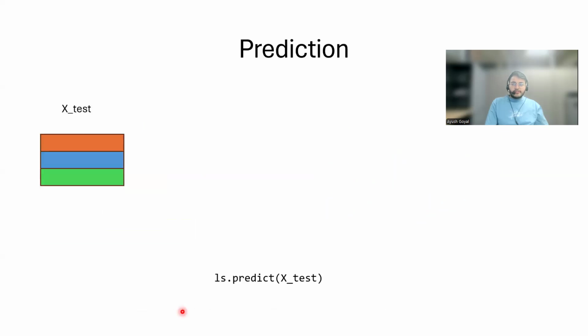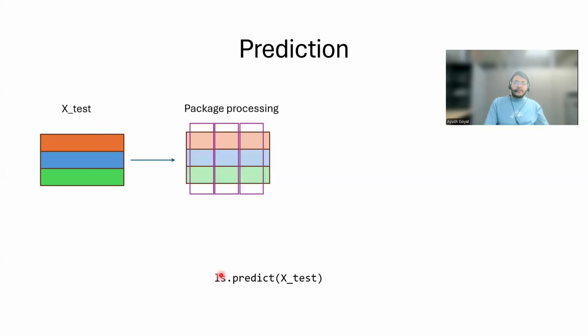Model prediction. Let's say before giving it to Lightscline's package, you did an X train and X test split, and you want to do a prediction on X test. You can just call this line of code and you should be good. But what basically happens behind the scenes is we'll take that block X test and do the same preprocessing.